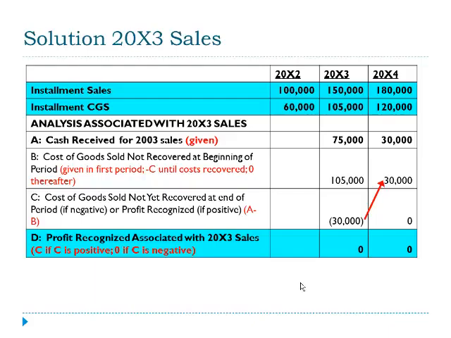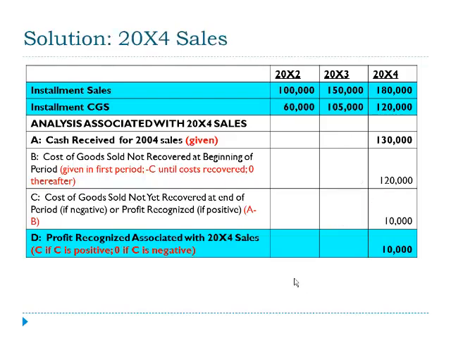In the next year, I received $30,000, and that's exactly the amount that I must recover in cost of goods sold before I can recognize any profit. So even in 2004, I subtract 30 from 30 and I get 0, and there is no profit to recognize on the 2003 sales, either in 2003 or 2004. Let's go to the next slide and look at the analysis on the 2004 sales.